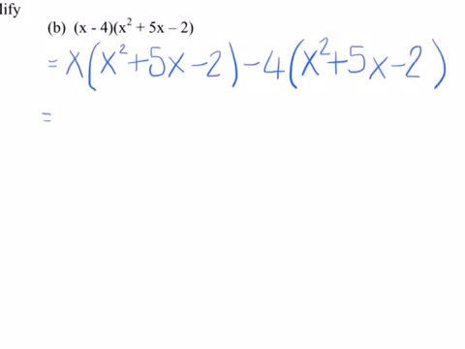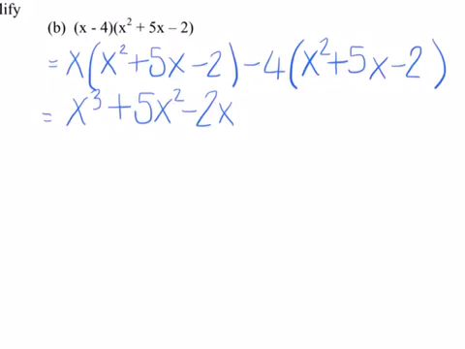So multiplying this out, first of all we have x times x squared, which is x cubed, plus, and then x times 5x, which is 5x squared, then x times negative 2, which is negative 2x.